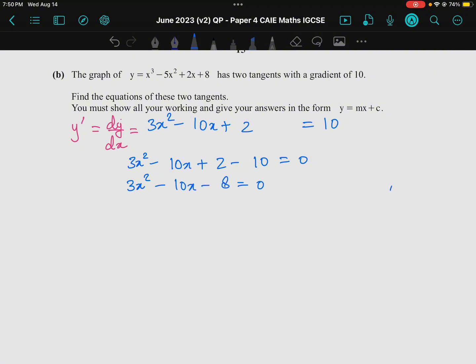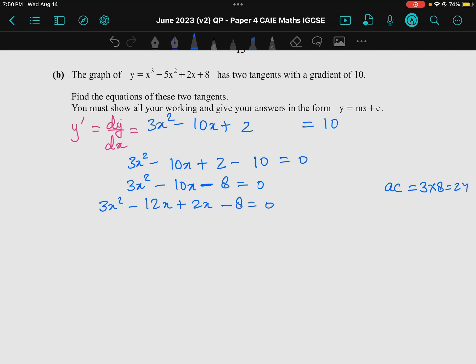So two numbers whose multiplication, which is a into c, is 3 8s are 24, and whose subtraction will give me 10. So it is 3x square. What two numbers will you take? 12 2s are 24. So minus 12x plus 2x minus 8 equals 0. 12 2s are 24 and 12 minus 2 will give me 10.